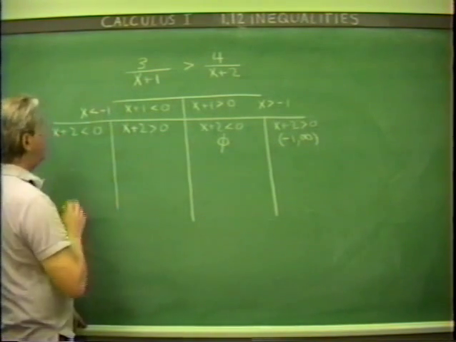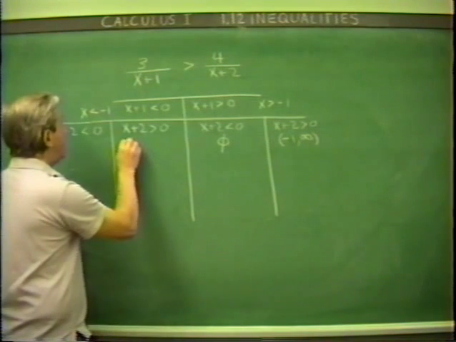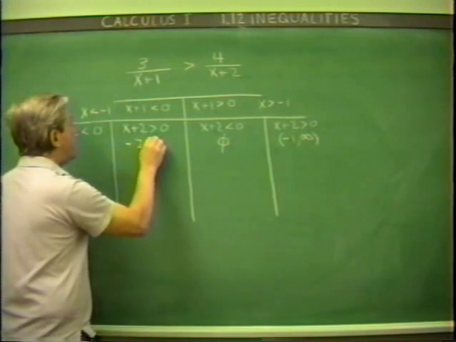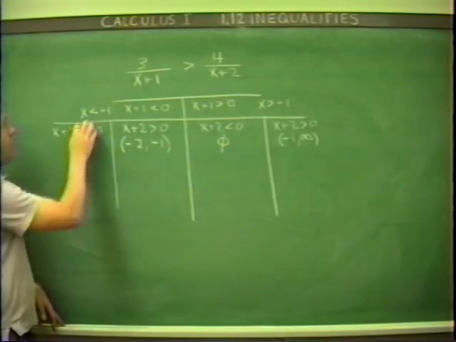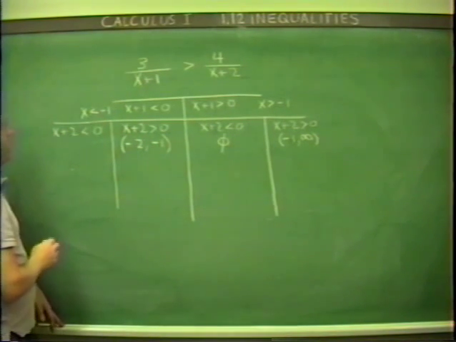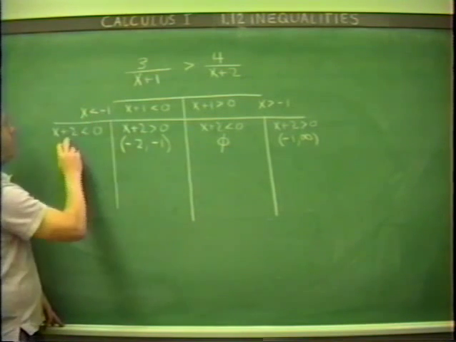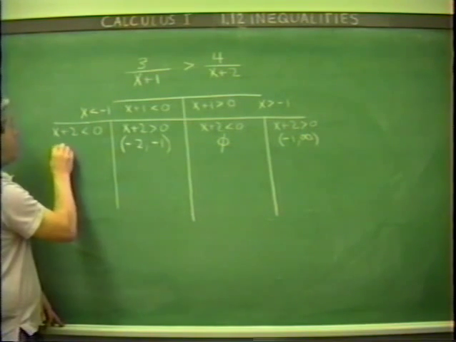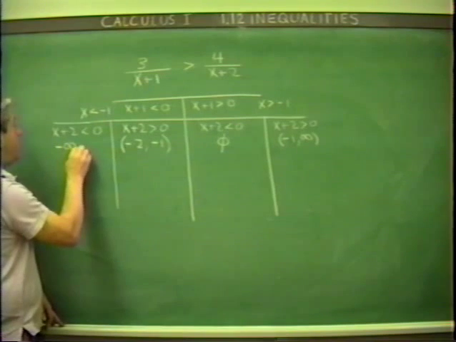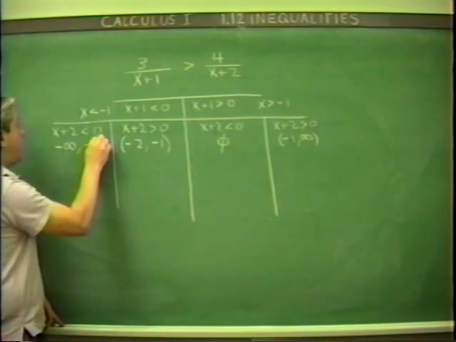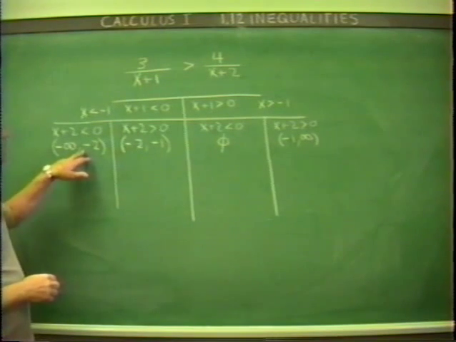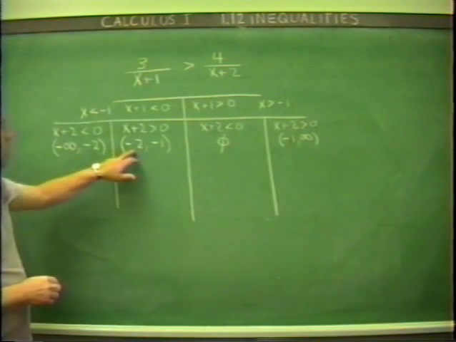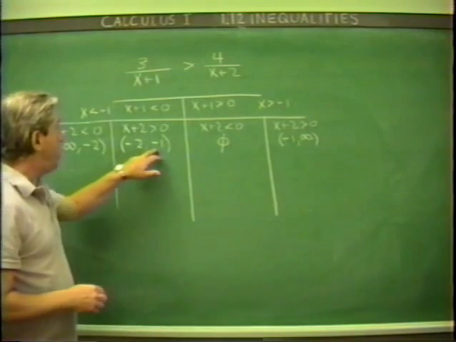These numbers here are the numbers when x is less than minus 1 and x is greater than minus 2. That's to say, these are the numbers from minus 2 to minus 1. Finally, these numbers here are the numbers where x is less than minus 1 and less than minus 2. That's to say, the numbers where x is less than minus 2, or minus infinity to minus 2.